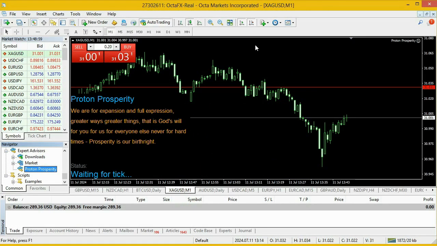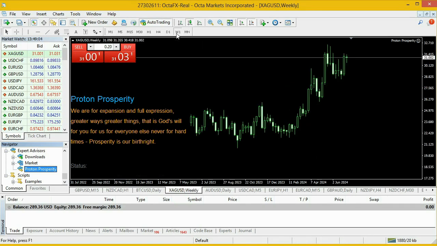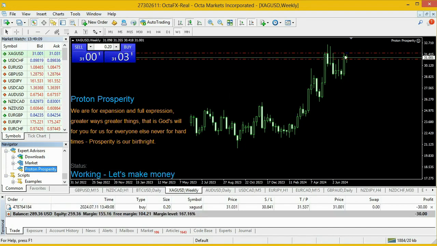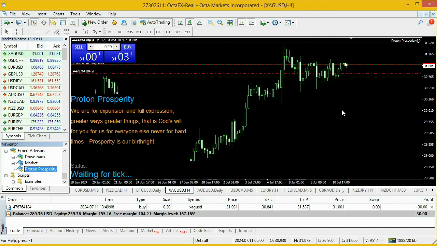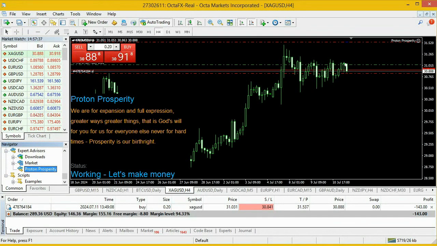Our next trade is on silver. Buy position executed. Our stop loss. And take profit. Moving forward. 1 hour 6 minutes into the trade, our stop loss is threatened.